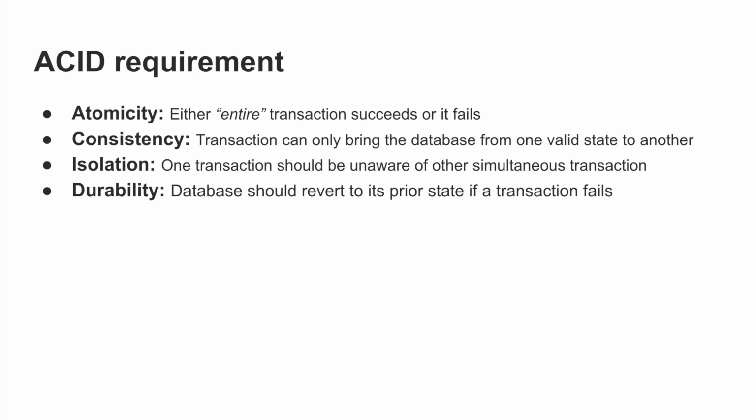It should also have isolation, that is, one transaction should be completely unaware of another and should take place independently. A transaction should also be durable and should not do any irreversible damage to the database. SQL databases have these ACID properties and strictly adhere to them, and most NoSQL databases do not.